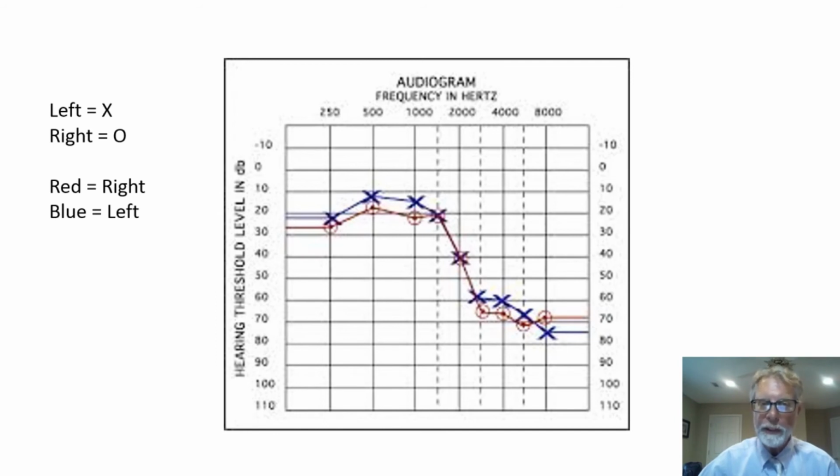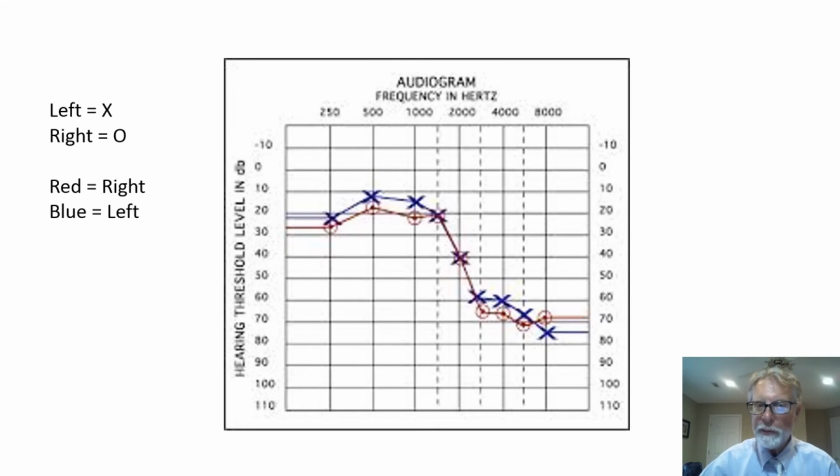Notice the intensity is on this vertical axis, and on the horizontal axis are the frequencies, right? 250, 500, 1000. Then 1500 is a half octave. That's why it's a dashed line. 1500, 2000, 3000, 4000, 6000, and 8000. It's divided in octaves, right?